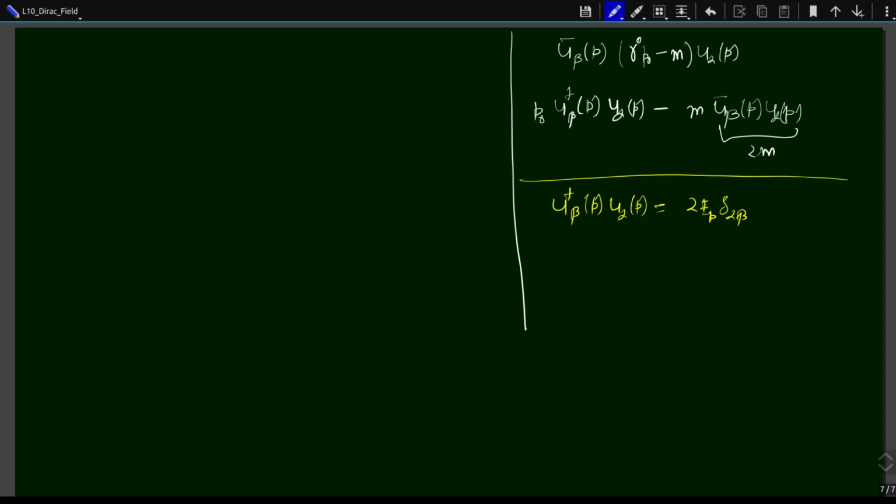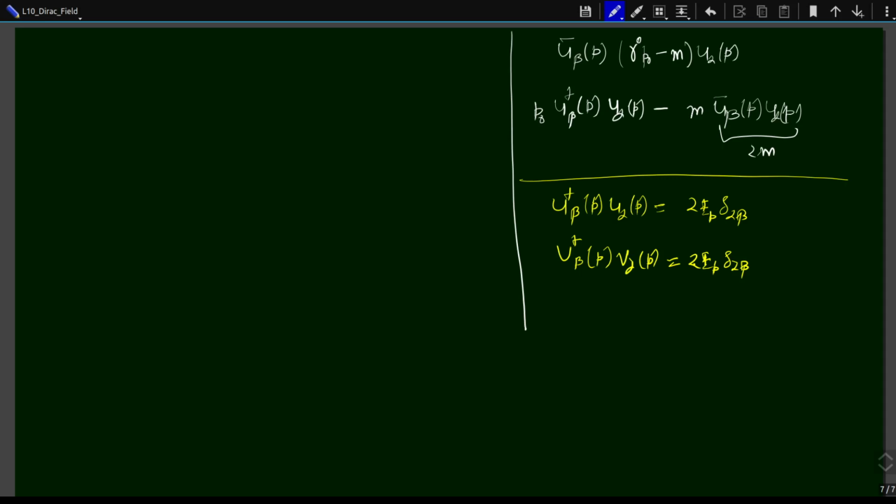This is the relation, and this was the quantity, as we discussed earlier, that was not Lorentz invariant because energy is not Lorentz invariant. Usually this is what appears when we write down the density, the 0th component of the 4 current. So the density will scale up like energy. And similarly, we have v Dirac beta p v alpha p, and that is also twice ep delta alpha beta, mind there is no minus sign.